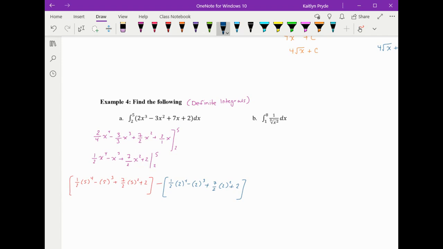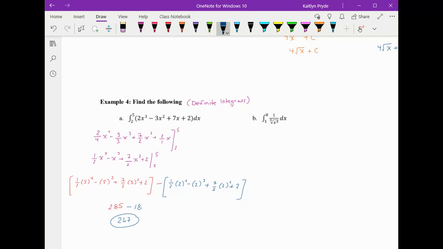If I plug in my entire left-hand piece that's in red, I end up here with 285. And if I plug the whole piece in that's blue, I end up with an 18. If we subtract these, we end up here with 267. So my evaluated integral here has a value of 267.